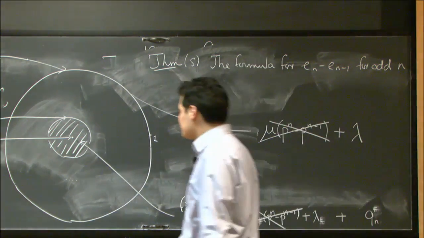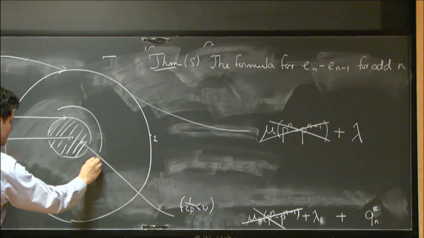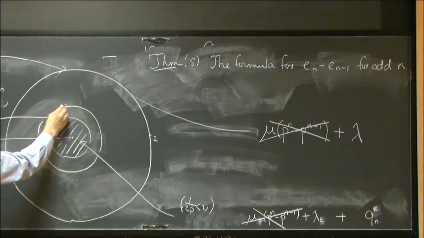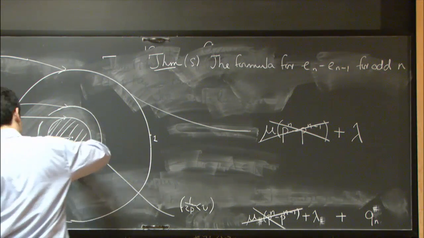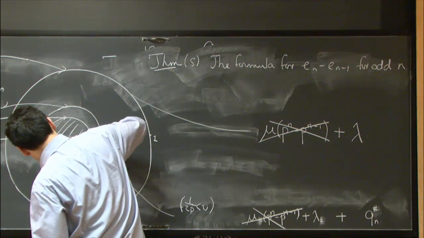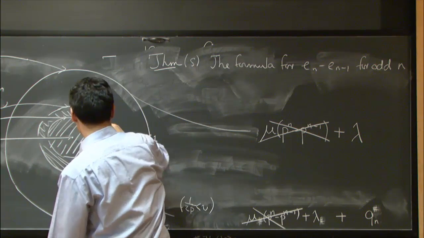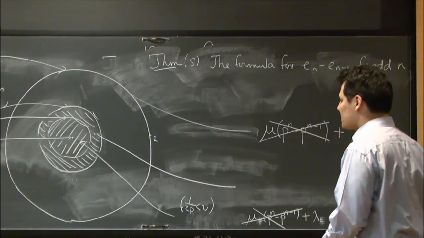Well, it turns out that if you look at an annulus where v is between 1 over 2p squared and 1 over 2p, inside here, something really weird happens.